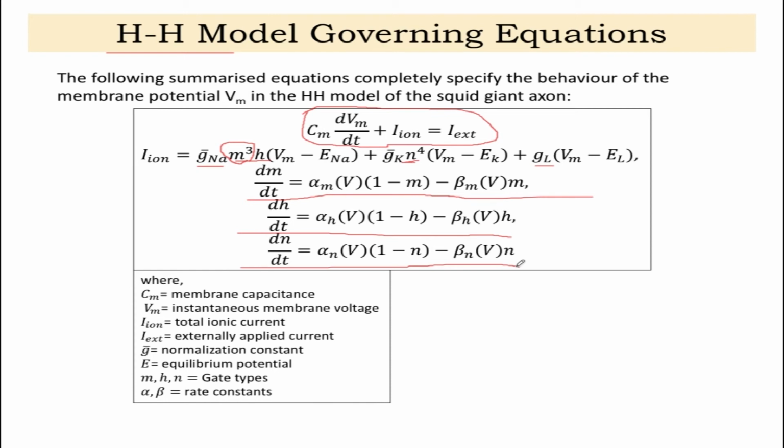So a series of first order equations are to be solved along with the ionic current equation, which is a nonlinear equation, in order to obtain, let's say, the voltage of the membrane, how that will be changing with respect to time.